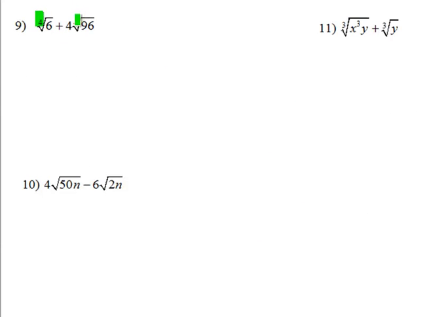Here I have the same index. That's a good sign. And I am going to check and see whether 96 is divisible by 6. Let's see, 9 and 6 is 15. And 1 plus 5 equals 6. So it is divisible by 6. 96 goes into 6 16 times.